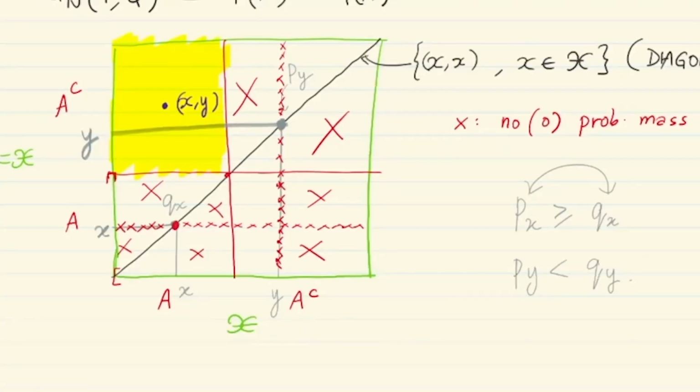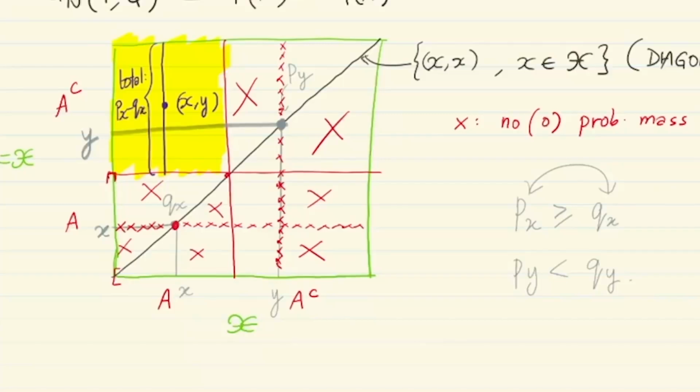What we must ensure is that if you imagine placing masses at every grid point in this highlighted yellow square, then along this vertical strip here in this northwest quadrant, the total probability mass must be the difference between what you totally wanted to put and what you put on the diagonal, that is px minus qx.